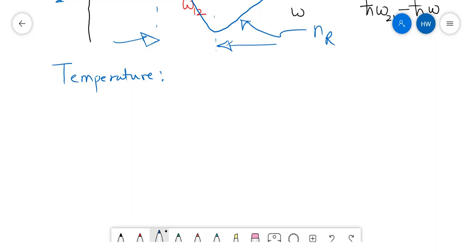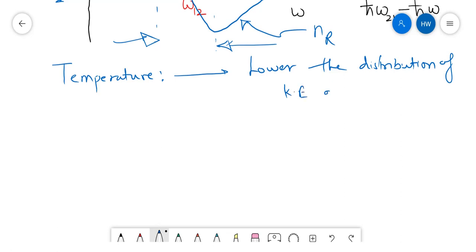One is not talking about the average kinetic energy. What one is talking about is actually the variation in the kinetic energy, or there is a distribution of kinetic energy, and that is the measure of temperature. So if I want to cool down something, what I need to do is basically lower the distribution of the kinetic energy of the atoms.